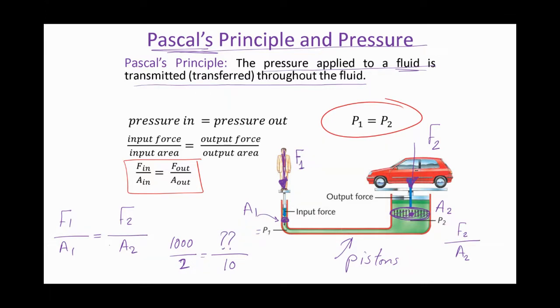What's the force F2? It will be 5000 Newton. That's a ratio. So if the ratios of the areas are 2 to 10, the ratios of the forces are also the same. The other one will be 5000 Newton.